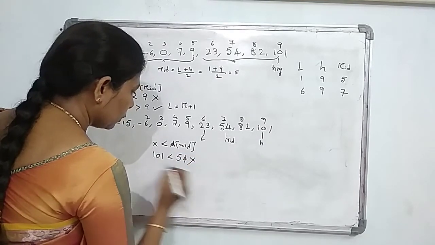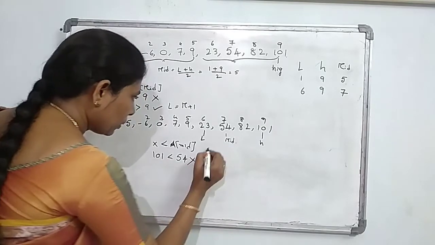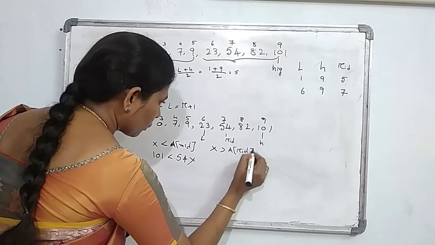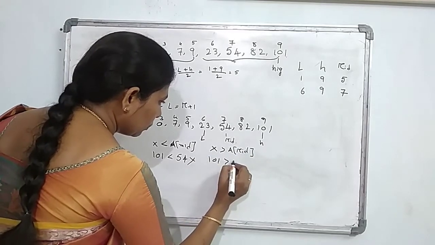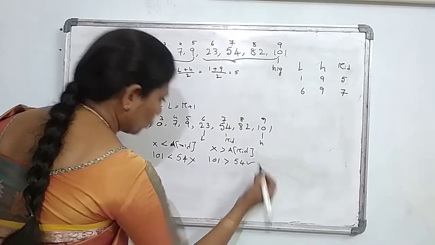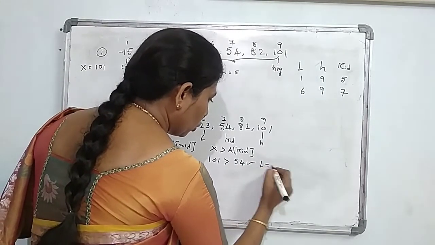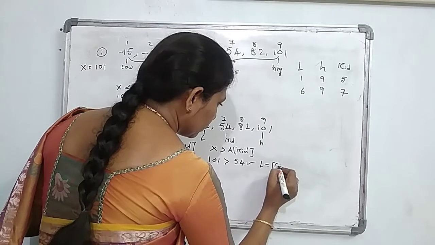No. Then compare x greater than a of mid: 101 greater than 54, true. Whenever it is greater, again you change the low value: low equals mid plus 1.